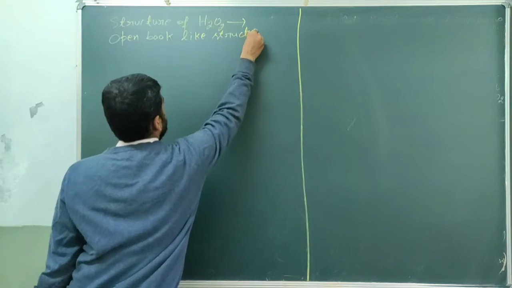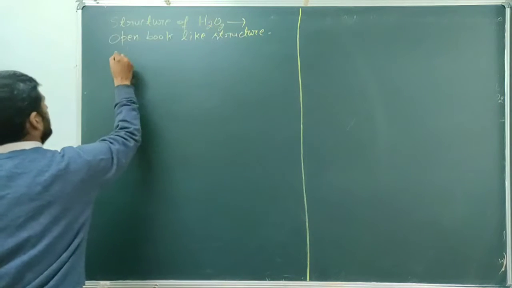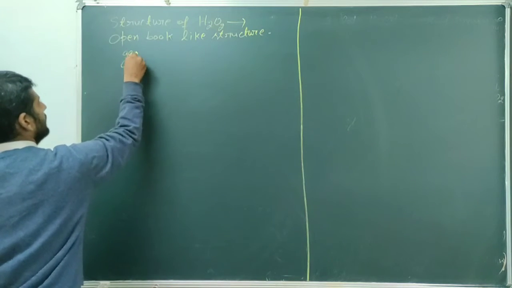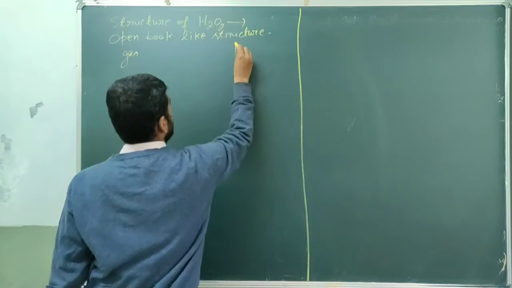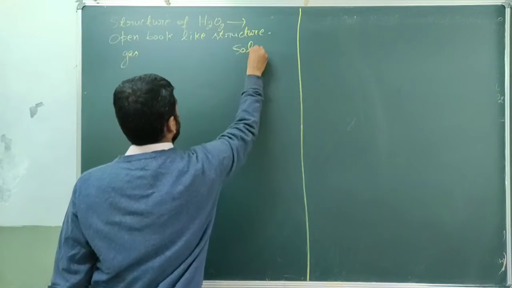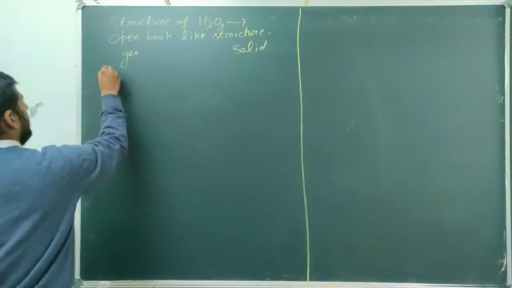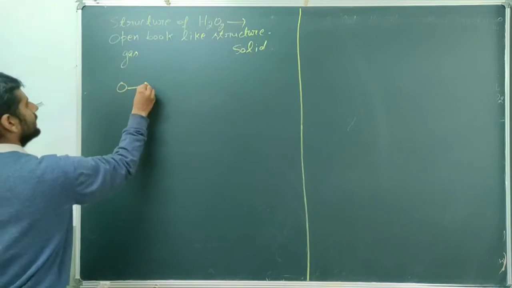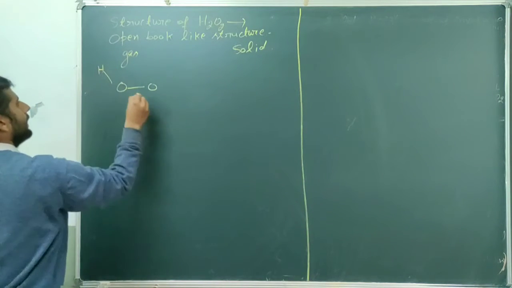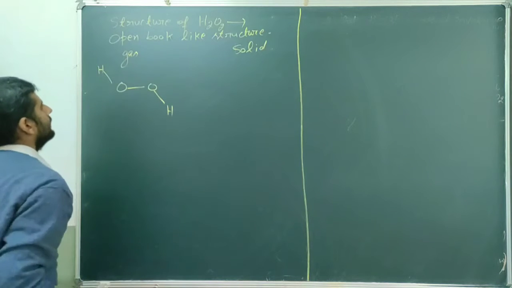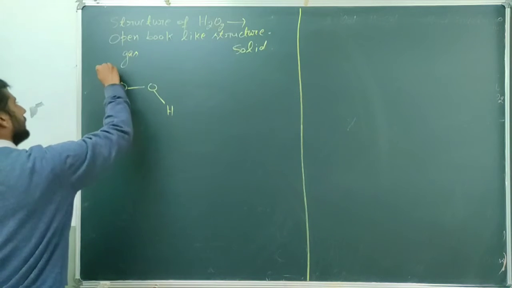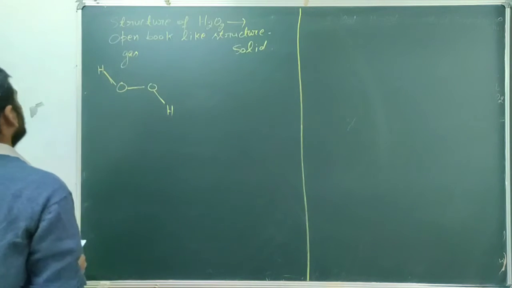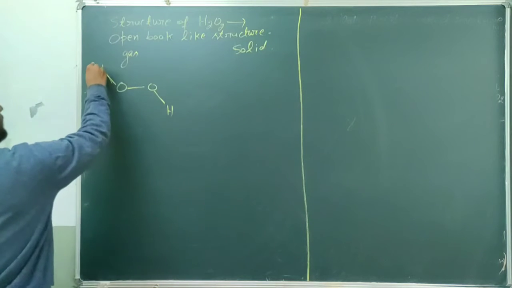And its structure is in two phases, one in gas phase and one in solid phase. Okay, so simply oxygen, oxygen, one hydrogen, another hydrogen. And this is the book like.